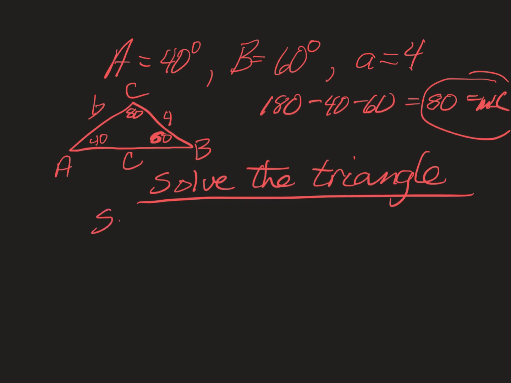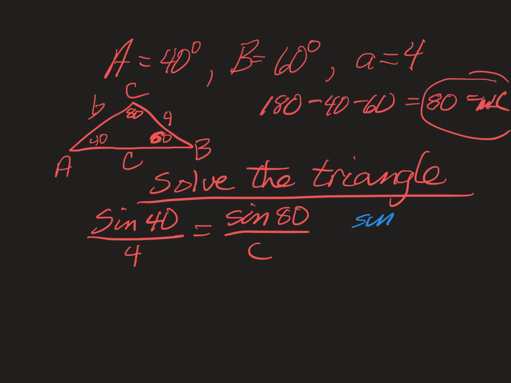So I'm going to take the sine of angle A, which is 40, and divide it by 4, which is side A, and that will equal the sine of 80, angle C, over C. And then I'm also going to take the sine of 40 over 4, and that's equal to the sine of 60 over B. So I have two equations here that I can now solve.